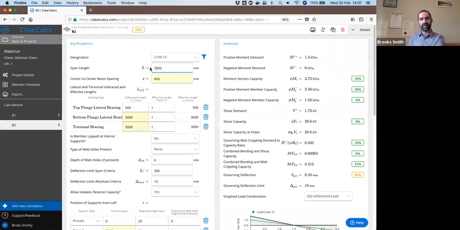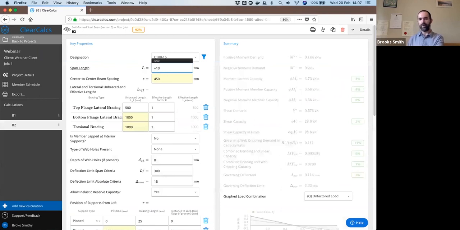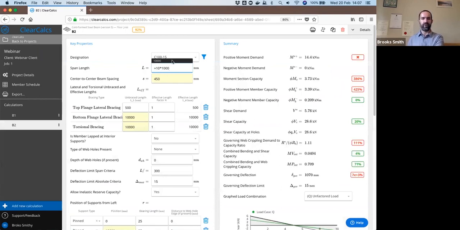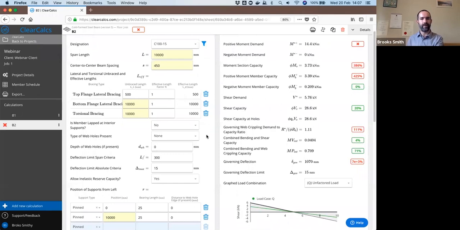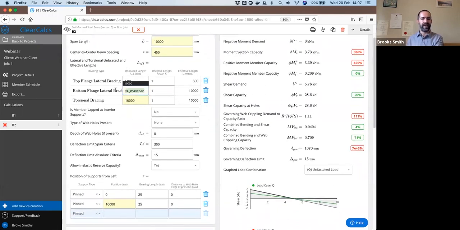So we said this was going to now be a 10-meter beam. We can use simple formulas in here. So I'll just say 10 times 1,000, 10-meter beam. And that will do the calculation for that. We said that bottom flange and torsional bracing would be 1,000 millimeters spacing.